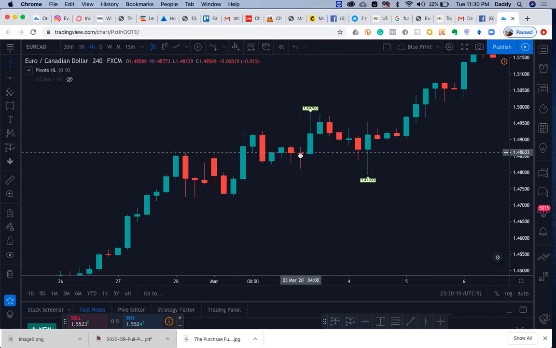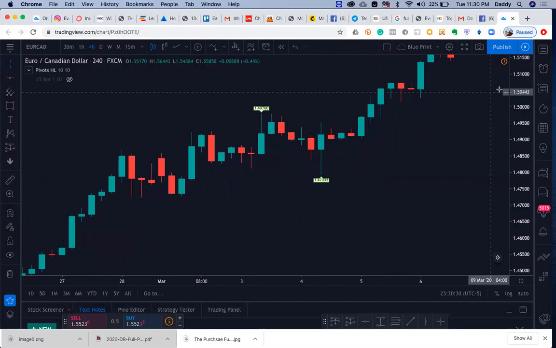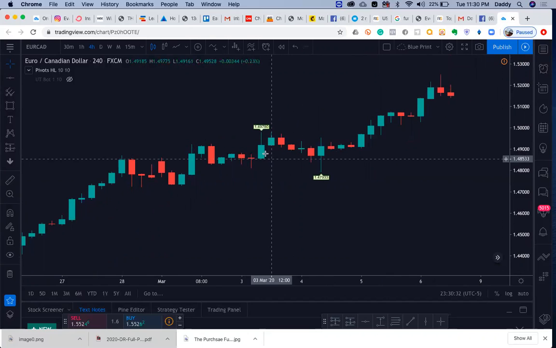When price closes again below the previous candle, it sets a low. And in this particular case, it is high, low.